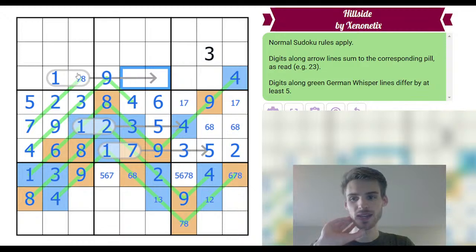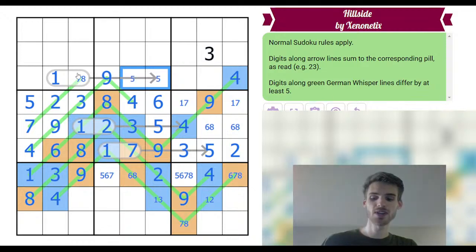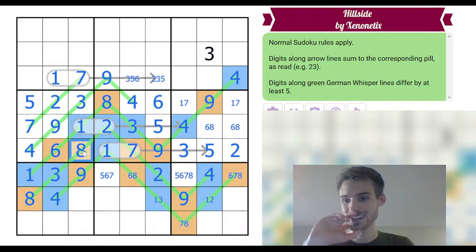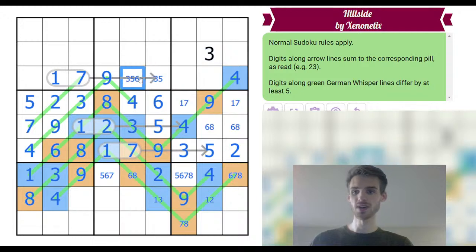So if it adds to 8, it's 3, 5, or 6, 2. Oh, there's a 7. Look. This 8 looks at the 7. So this adds to 8. This can't be a 2, so it's not. And there's a 3 here. So this is a 5 and this is a 3.